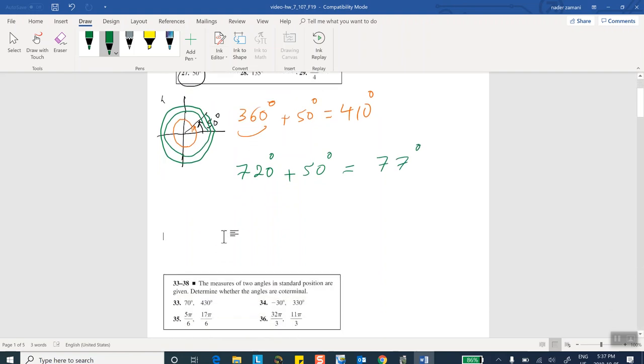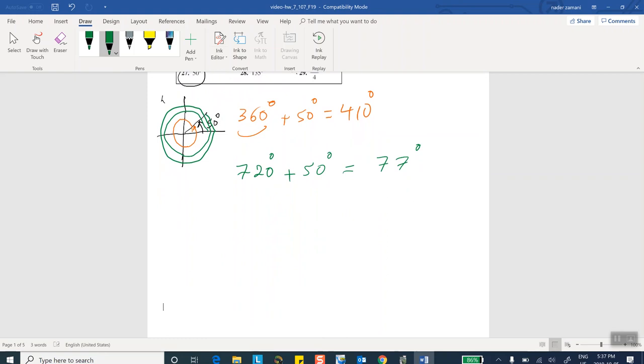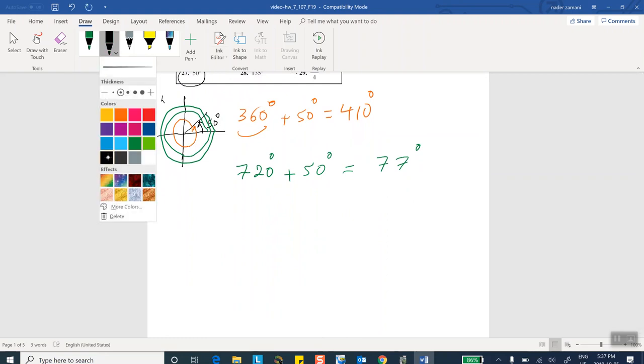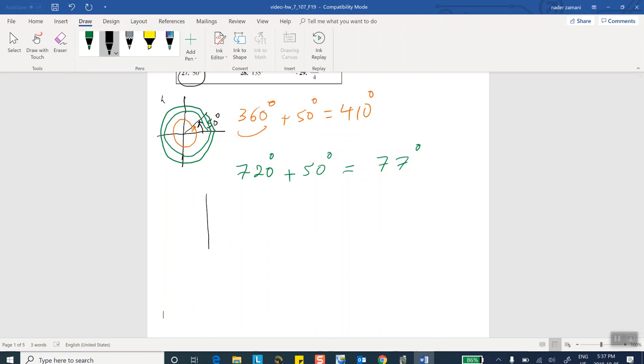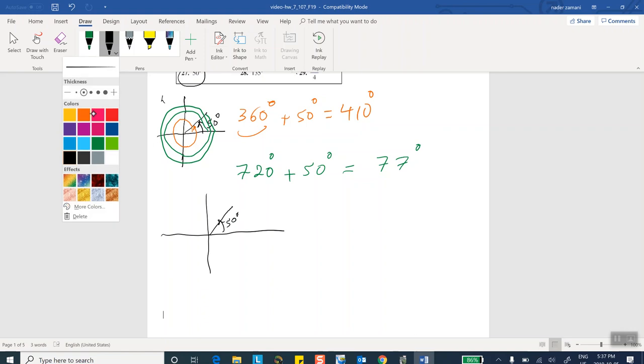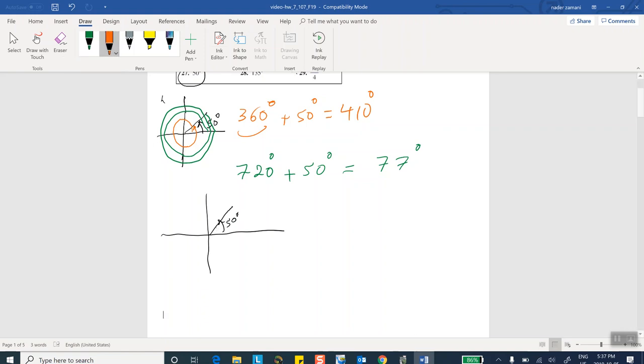Now, let me also show you some negative angles, which are coterminal with 50. So let me redraw this. My original angle was 50 degrees. I'm going to draw it right here. There's your roughly 50 degrees. Now, this time I can go in the clockwise direction.